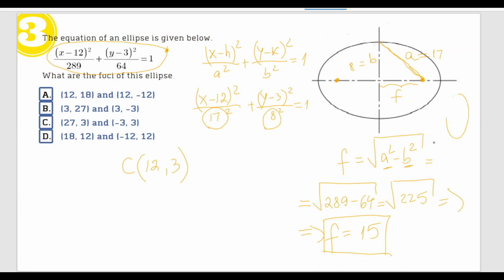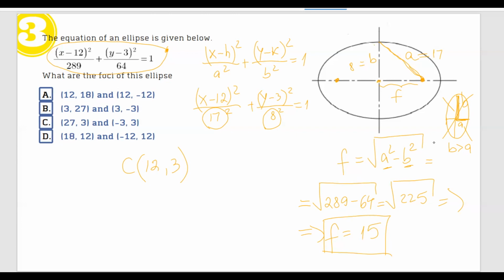If my ellipse was like this, I would have B greater than A. But this is not my case. I have A greater than B, which means that the major diameter is horizontal like this.